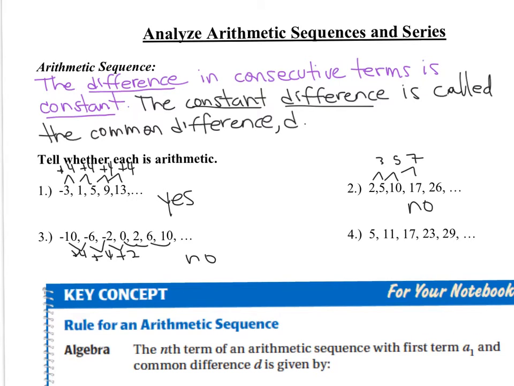What appeared at first to be arithmetic ends up not being arithmetic because of this plus 2 in the center here. And then the last one, from 5 to 11, you're adding 6, adding 6, adding 6, and then adding 6. So this is a constant difference, so that is arithmetic.